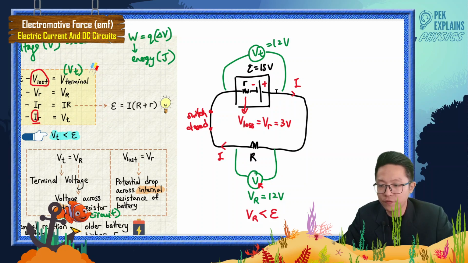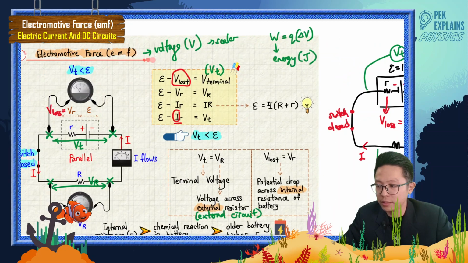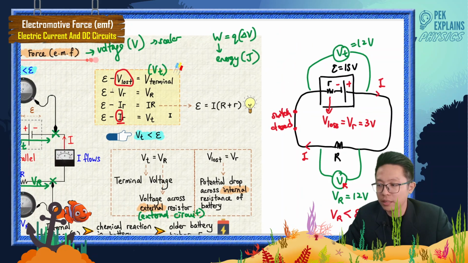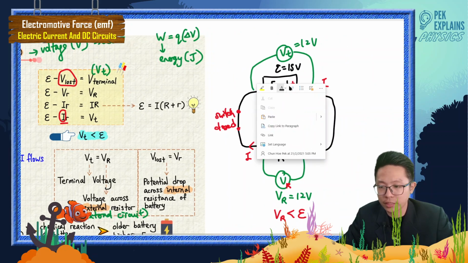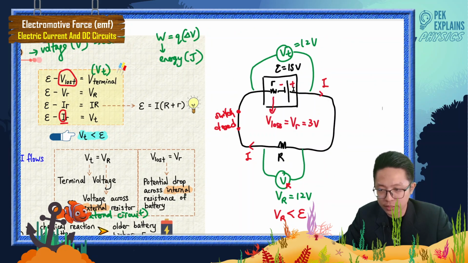When there is current flowing in the circuit, you will have VR equal to IR. So when you have current, you have voltage loss.